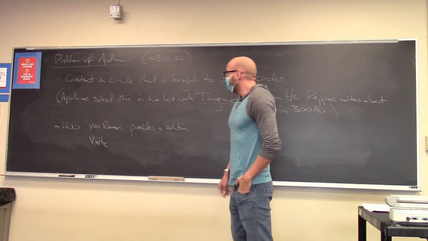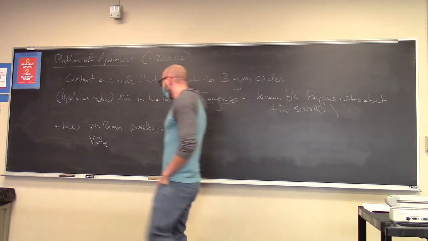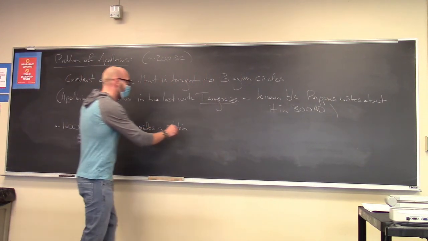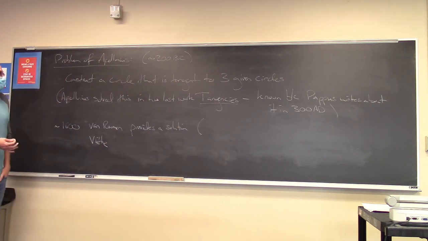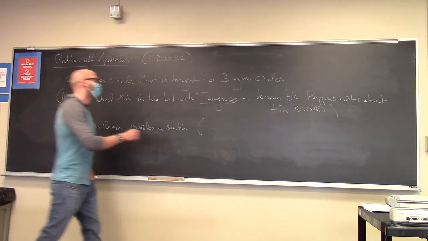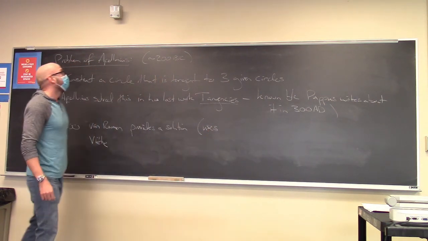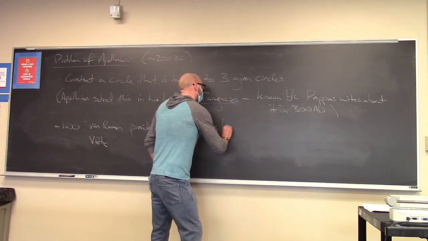So Van Roomen looks at it. I'm amazed he was able to solve it because he really wasn't a particularly good mathematician. But he provides a solution. The problem is, it's not really up to the Euclidean standard. He uses hyperbolas. And of course we can't construct hyperbolas, we can construct circles. Which is kind of okay. Hyperbolas turn out to be very natural in this situation, but it uses hyperbolas.